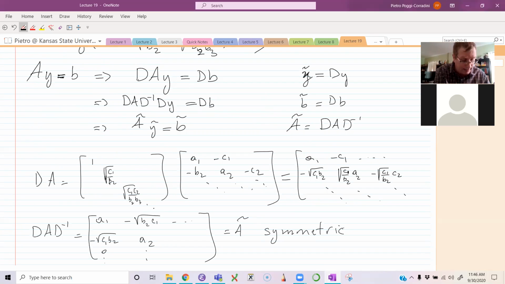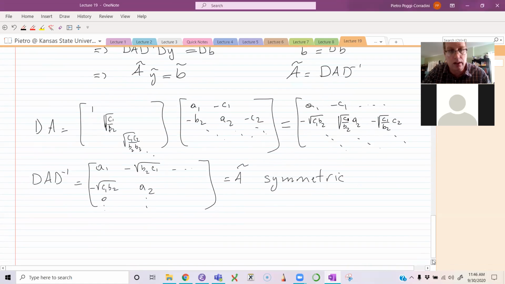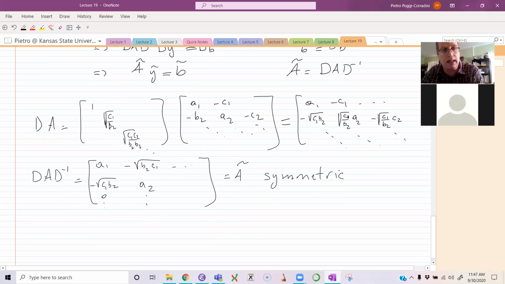All right, and the other thing is that we didn't do anything super dramatic here, because when you multiply a matrix from the left and the right like this by a non-singular matrix, this operation is called a similarity.